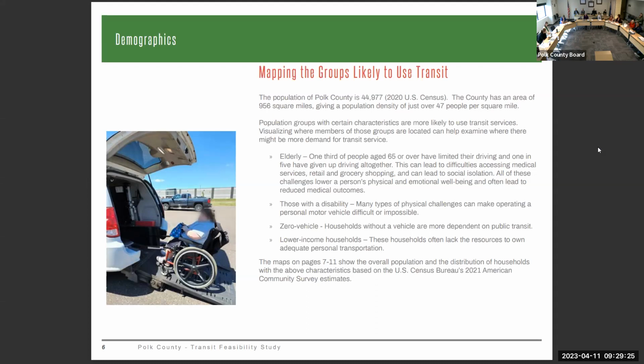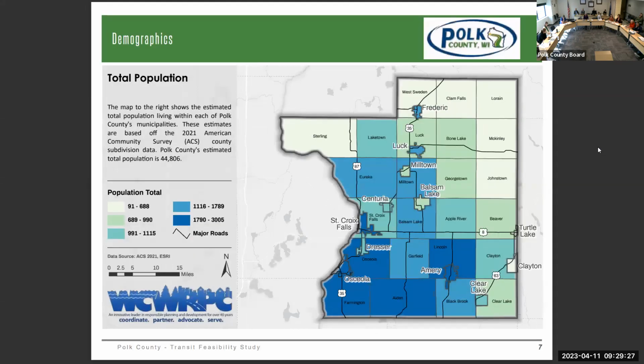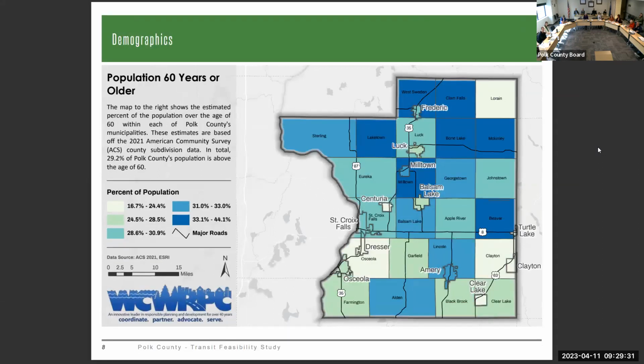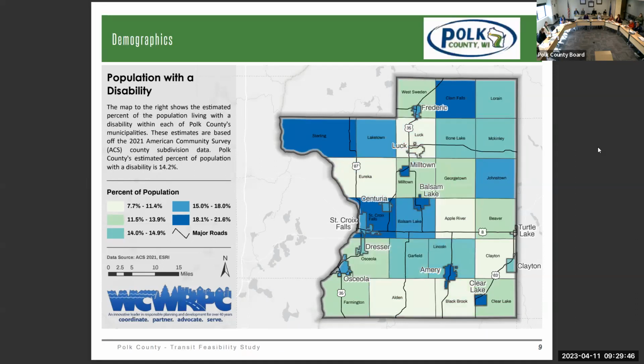You can go a couple pages forward. There's total population, and the next one will be population 60 years or older, and these are the concentrations. You can see that as you get out into the more rural areas of the county, you have an older population, not surprising.